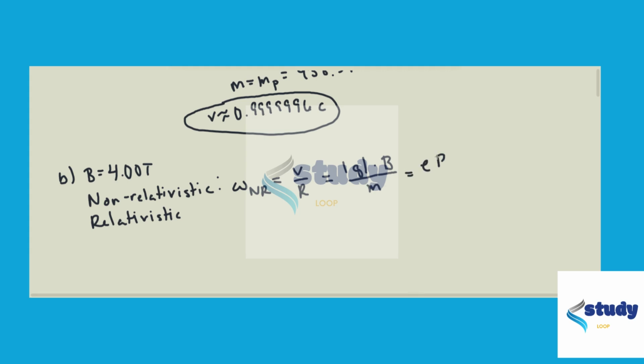In this case, it's eB over m_p, which if we plug in the numbers for these, and remember the elementary charge is 1.602 times 10 to the negative 19th coulombs, we get that this is about 383 megahertz.